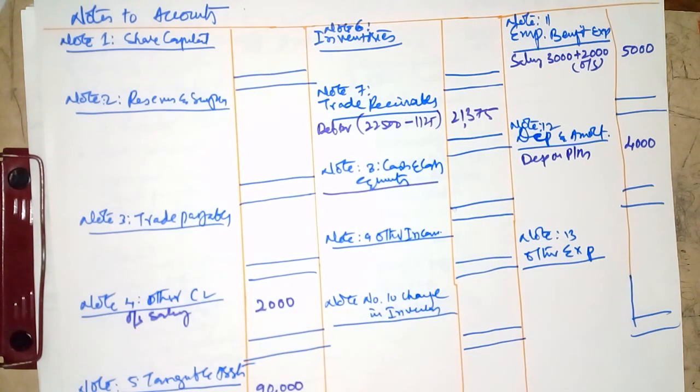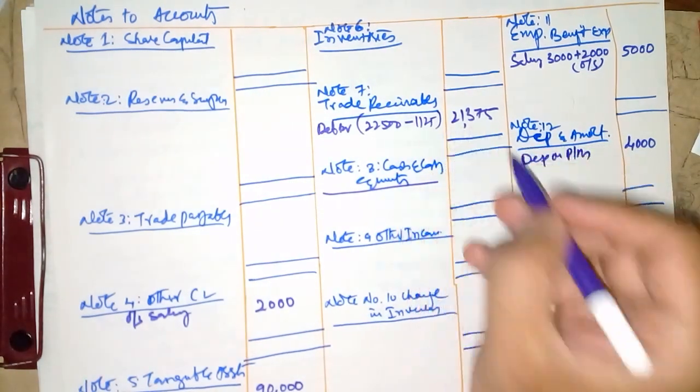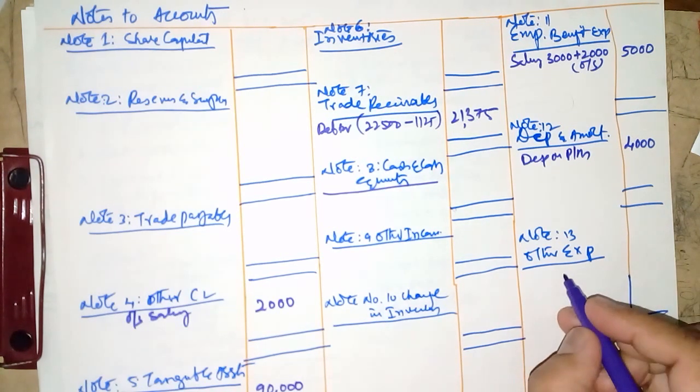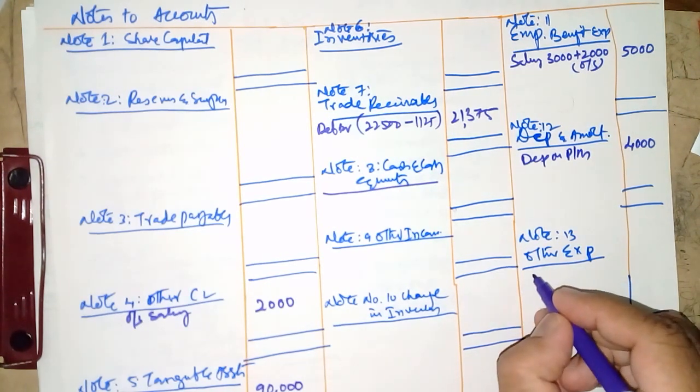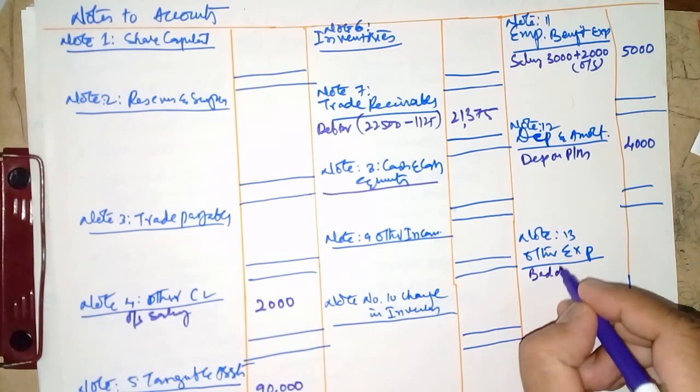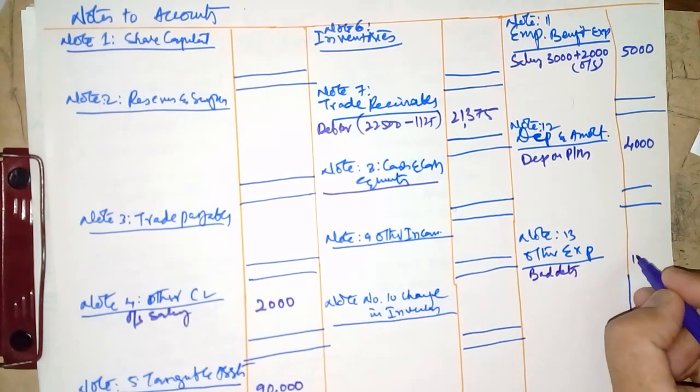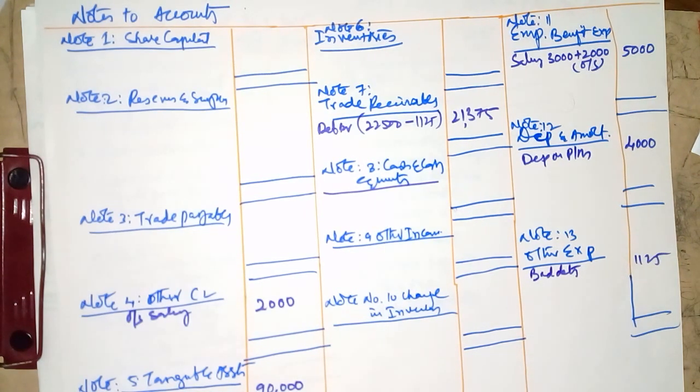So bad debt should be debited to profit and loss account, right? So under expenses, which category does it come under? So this bad debt 1125 should be written in other expenses. So other expenses we are writing bad debts, that is 1125, right? So other expenses 1125 I have written as a bad debt expenditure.